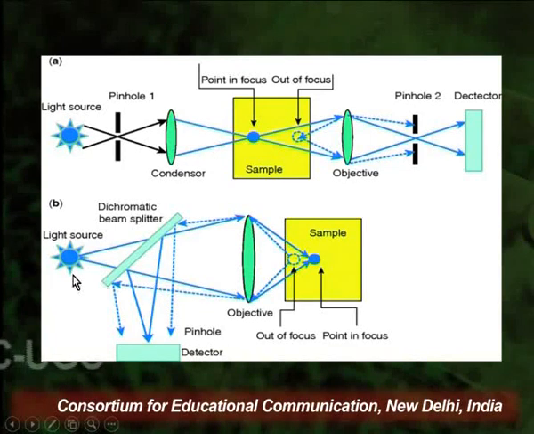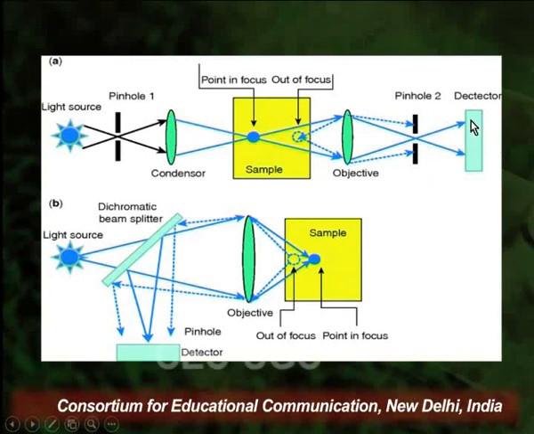In a normal microscope, the object is illuminated and the image is created simultaneously, whereas in case of a confocal microscope, the light source passes through a pinhole and creates a sharp image which is received by the detector, and the other pinhole blocks any out of focus light.